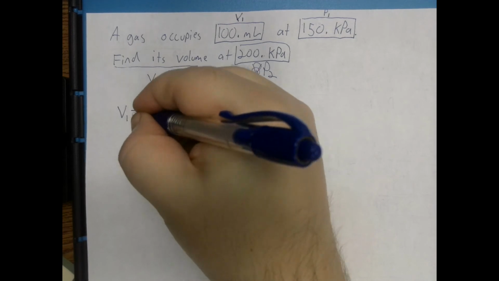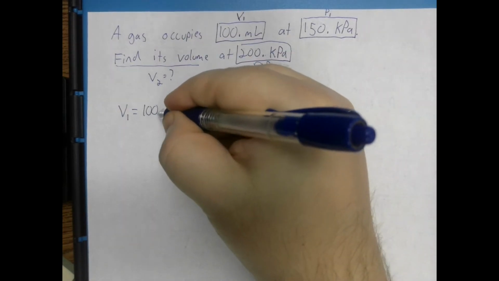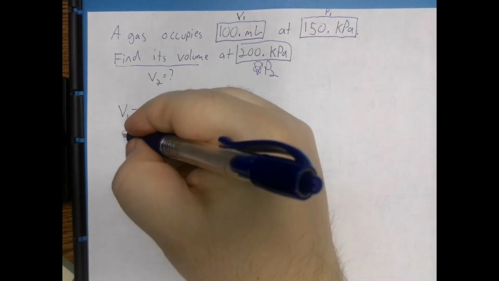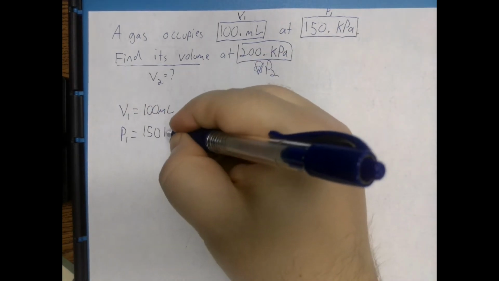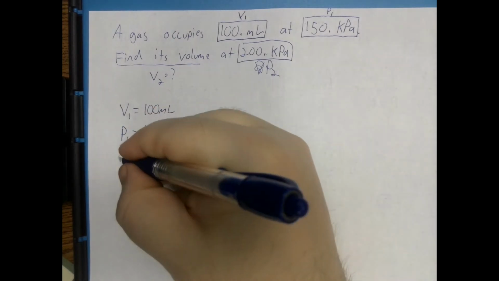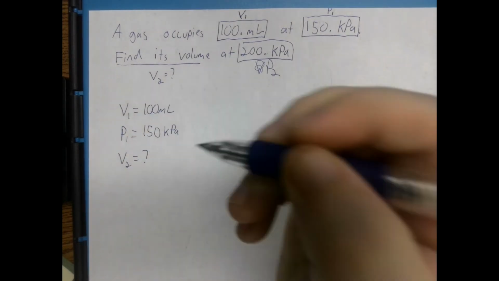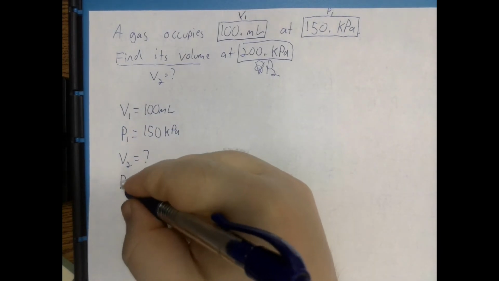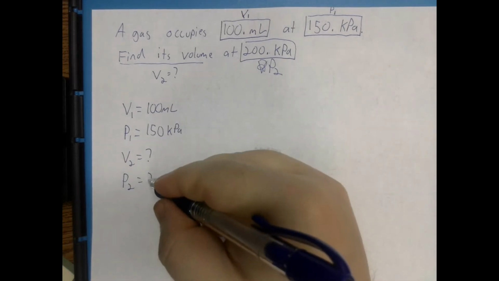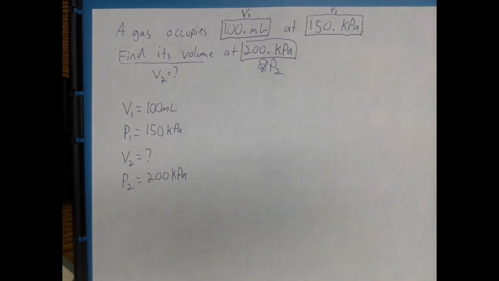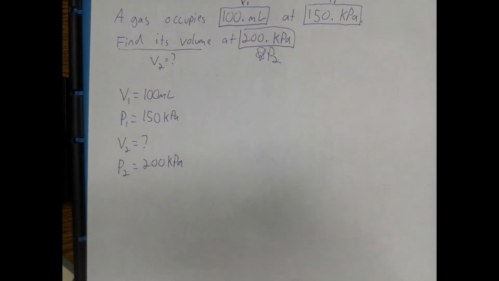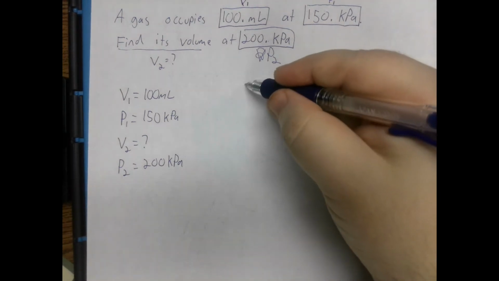So V1 is equal to 100 milliliters. P1 is equal to 150 kilopascals. V2 is what we're looking for, and P2 is our final pressure. Since there's no temperature, we'll assume it's constant.